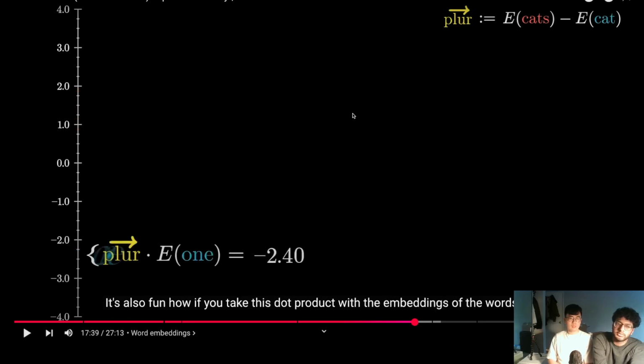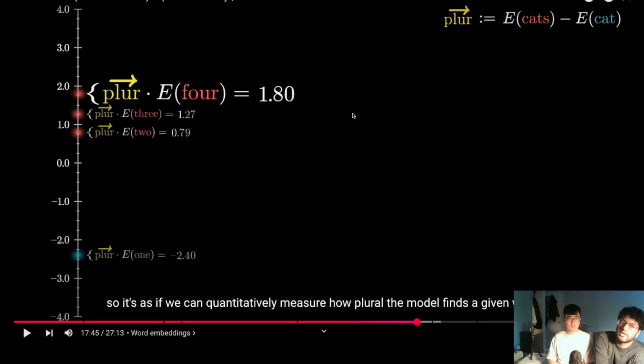So he takes this plural vector, and he shows that things that are plural, like octopi dot plural, are more similar compared to octopus dot plural. So it's to show that there's this notion of a plural vector. Yeah, and it's more similar to things that are actually plural versus things that are not. Yeah, exactly.